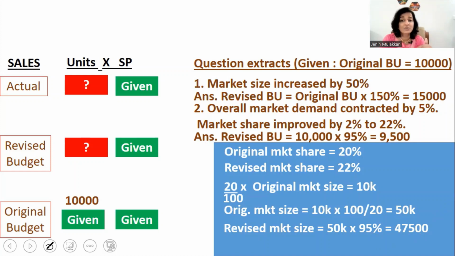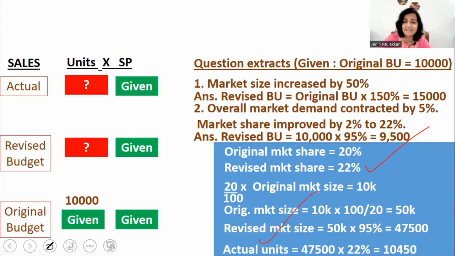Now coming to the actual units. Now, what is this revised market share? Revised market share is the share that we have in the market presently, which means that we got the revised market share from the actual units only. So the actual units is the revised market size of 47,500 multiplied by the revised market share of 22%.